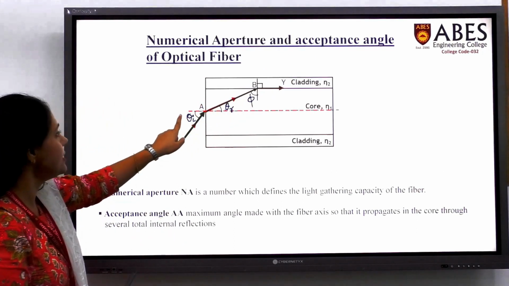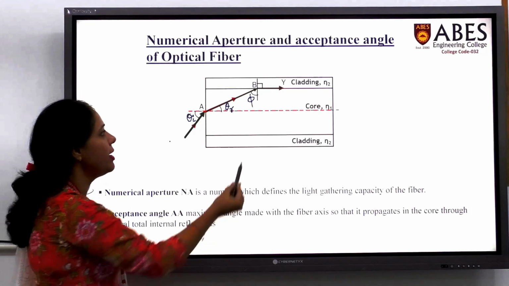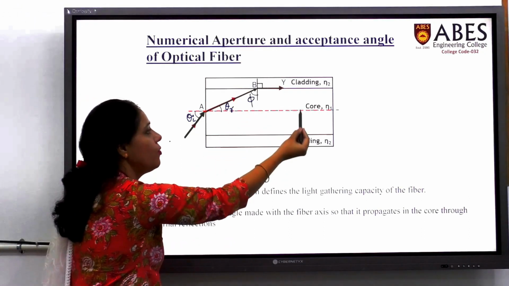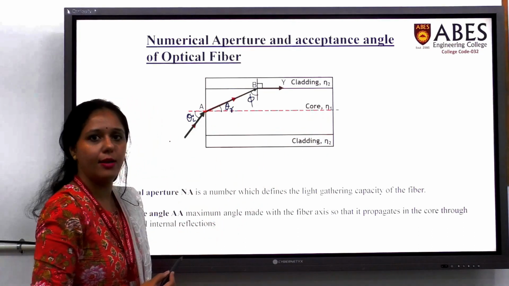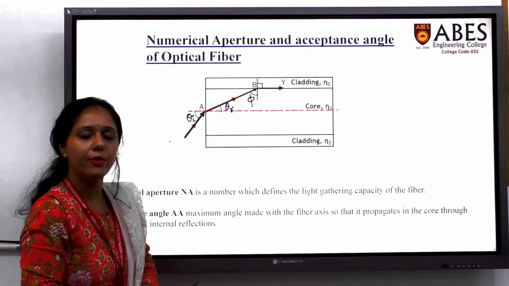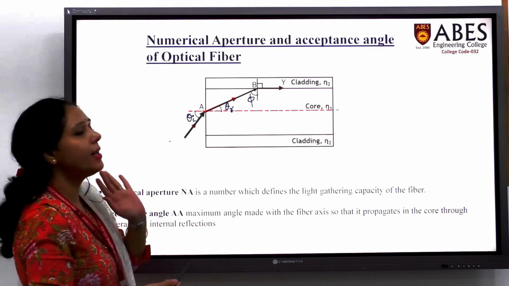So this is the acceptance angle in which, when a ray enters the optical fiber, it must follow the principle of TIR, total internal reflection, like this. In order to derive this, we are going to start from Snell's law in the next few slides. Then what is numerical aperture?